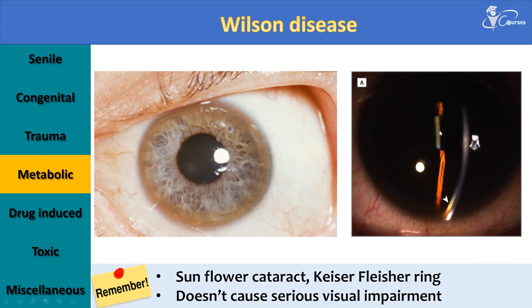This is due to deposition of the copper pigments, or the metabolites of the copper, into the anterior lens capsule and the subcapsular cortex. So this will result in an appearance as if it is a sunflower or petals of a sunflower.